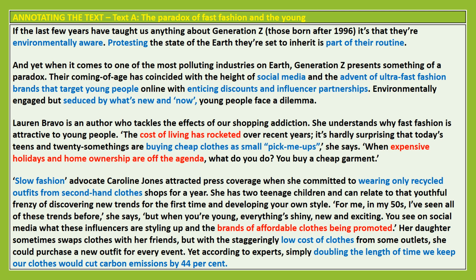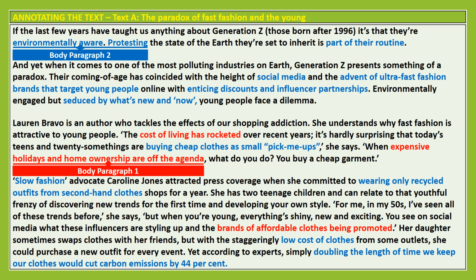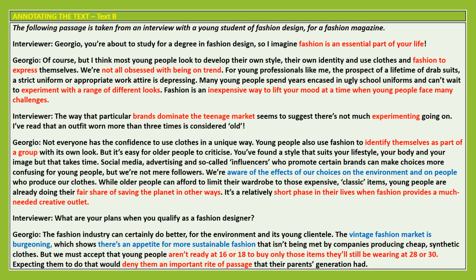Read text A and annotate to highlight evidence or information relevant to the focus of each body paragraph. Use color coding to differentiate each body paragraph. Similarly, read text B and annotate to highlight evidence or information relevant to the focus of each body paragraph.